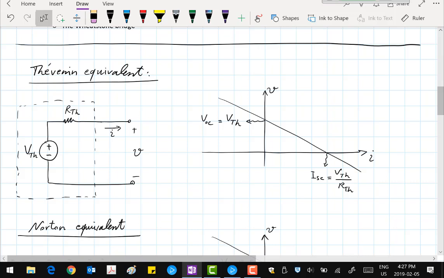If I wanted to write the equation for this. You see, if I equals 0, I get V Thévenin. If V is 0, I get I equal V Thévenin by R Thévenin.